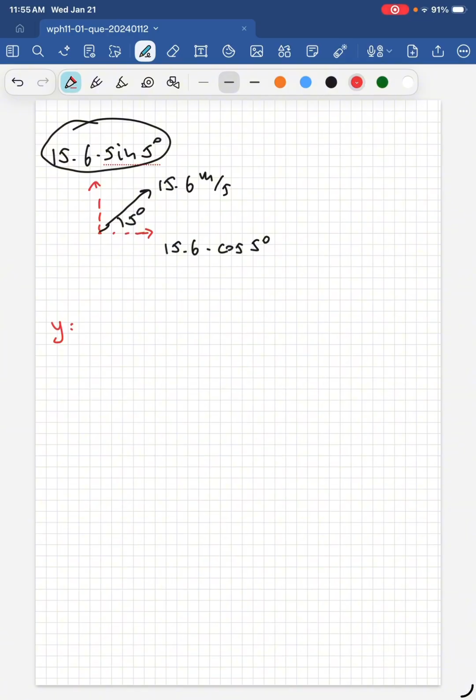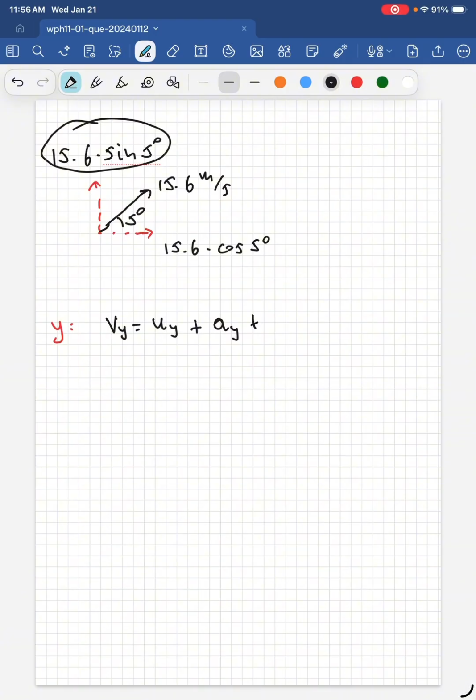So the SUVAT equations for the y-axis, one of the SUVAT equations that we can use is that the final velocity, let's call it y, should equal the initial velocity, let's call it y, plus a, also y, the acceleration in the y direction, times t, okay?